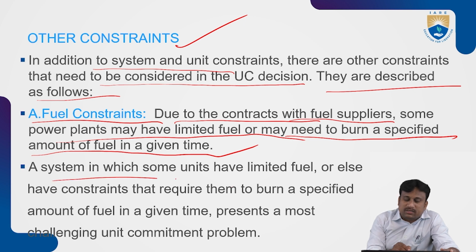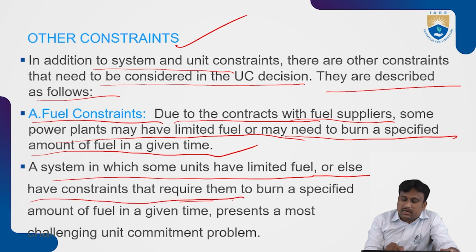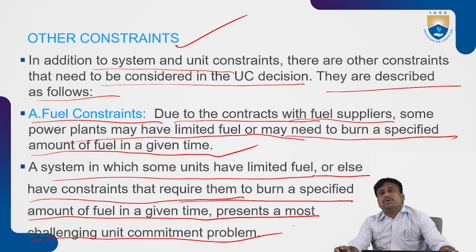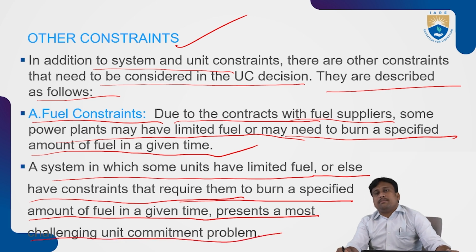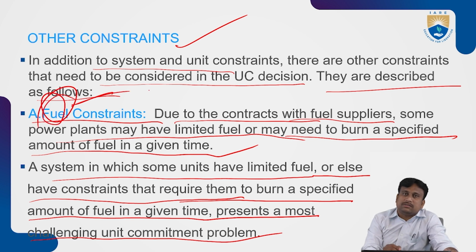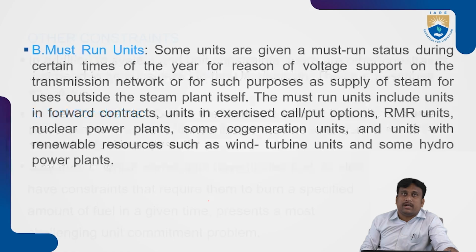A system in which some units have limited fuel, or have constraints that require them to burn a specified amount of fuel in a given time, presents a most challenging unit commitment problem. The main problem here is the fuel case. When fuel availability is not continuous, unit commitment scheduling cannot be possible in the given period.